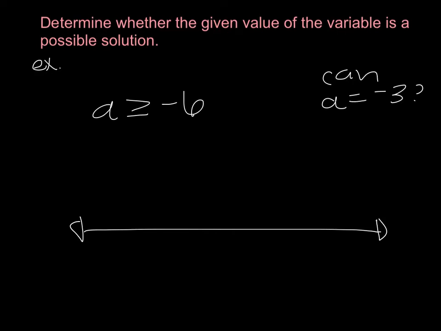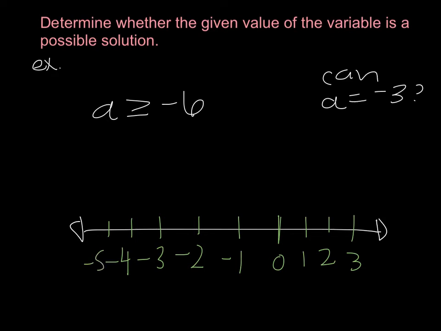When I draw my number line, I'm going to put my 0 here. This is my positive numbers. And remember, you can always look up at the top of the classroom and see the number line. And remember, going to the left, we start with -1, and then smaller is -2, smaller is -3, smaller is -4, smaller is -5, and smaller is -6.